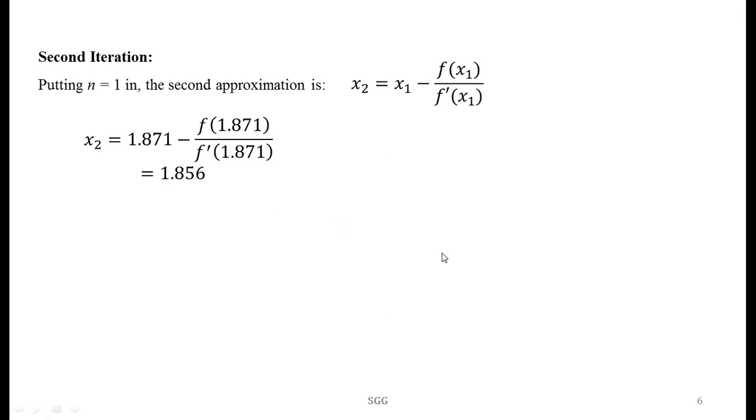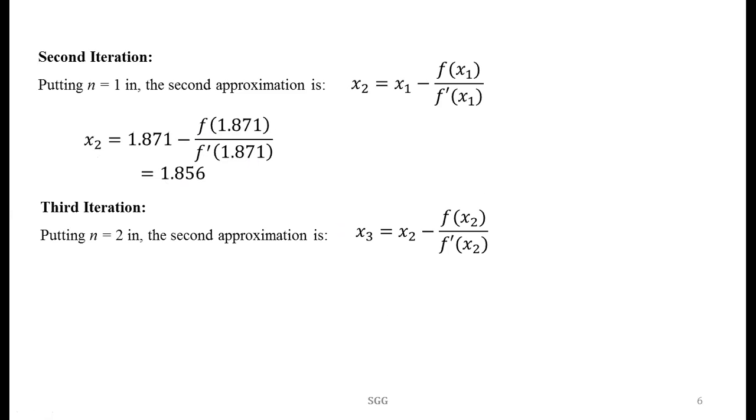we get x2 is equal to 1.856. Now proceed to the third iteration. Put n is equal to 2, we get x3 is equal to x2 minus f of x2 divided by f dash of x2. Substituting the corresponding values of x2, f of x2 and f dash of x2, we get the value of x3 as 1.856.